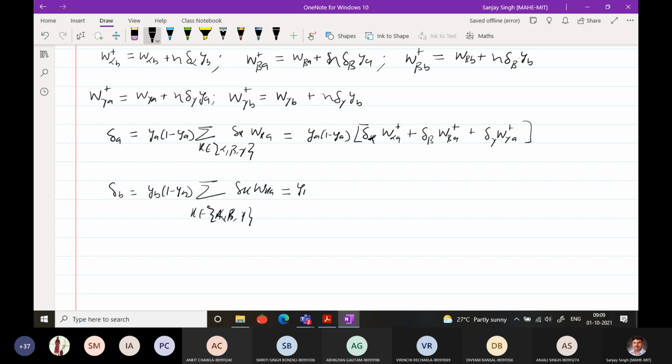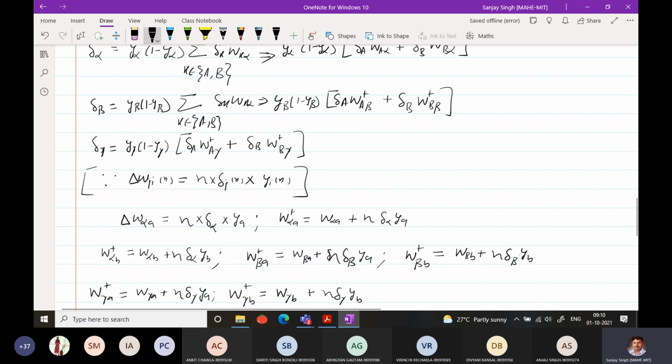I can write now YB(1 minus YB) times delta alpha W alpha B, plus delta beta W beta B, plus delta gamma W gamma B. We got the values of delta A and delta B.